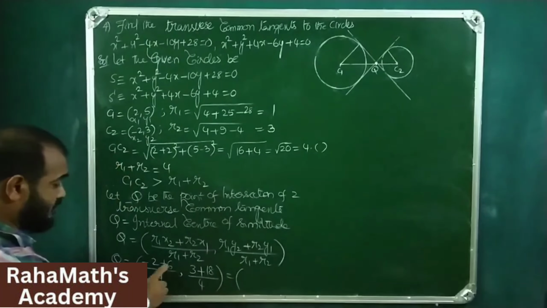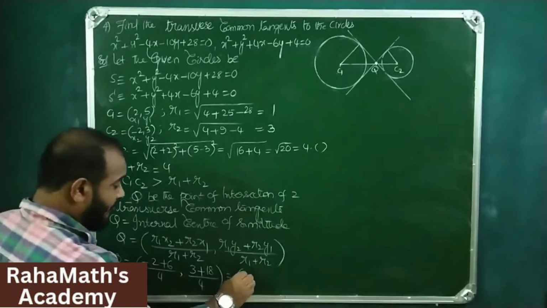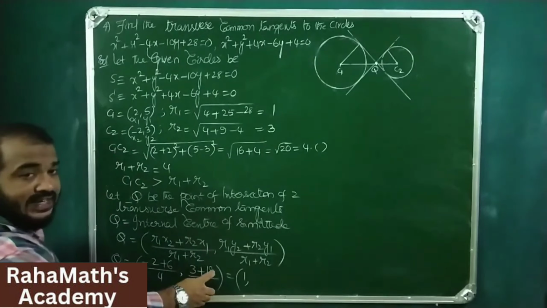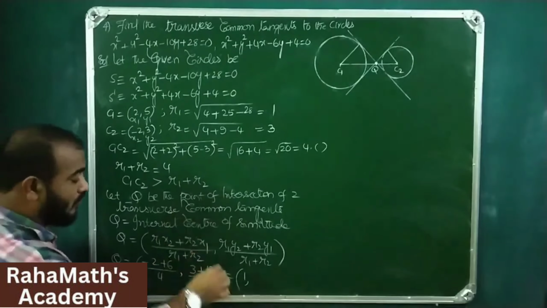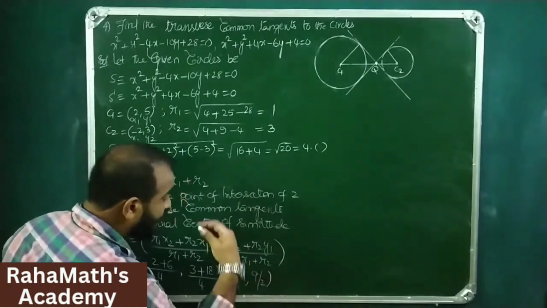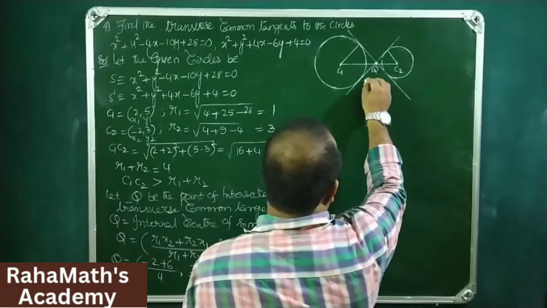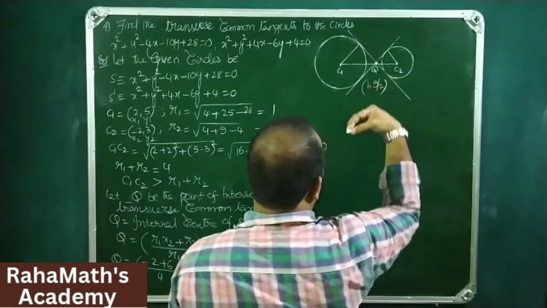So the answer is 6 minus 2, 4 by 4, 1, comma 3 plus 18, 21 by 4. This is 9 by 2? So what is this Q? This Q value is 1 comma 9 by 2.